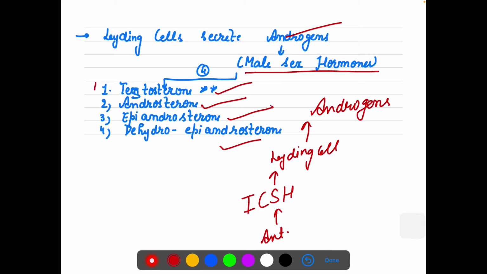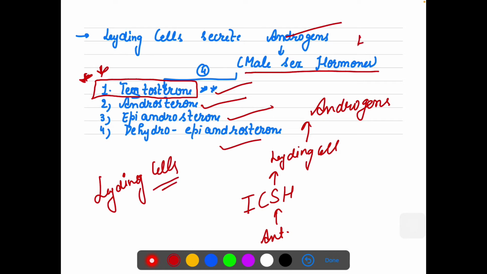Most commonly we always talk about testosterone, but otherwise the leydig cells in the male reproductive system secrete four main androgens, four main male hormones, but the most important one is testosterone. Others are androsterone, epiandrosterone, and dehydroepiandrosterone. We talked about them in the sex corticoids also.